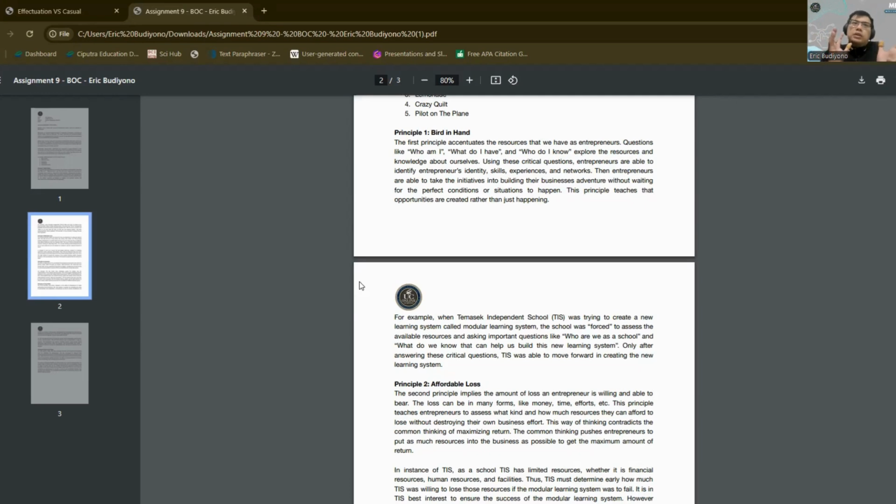So Temasek Independent School, again, is a very small school. In total, I think currently we have about 130 students in secondary, again from grade 7 to grade 12.